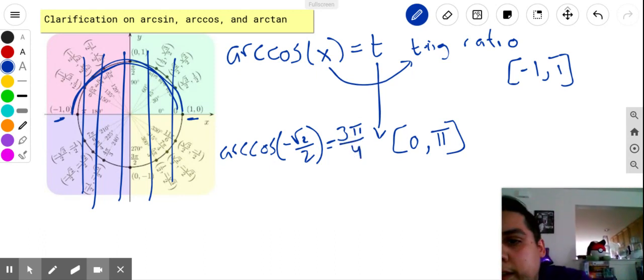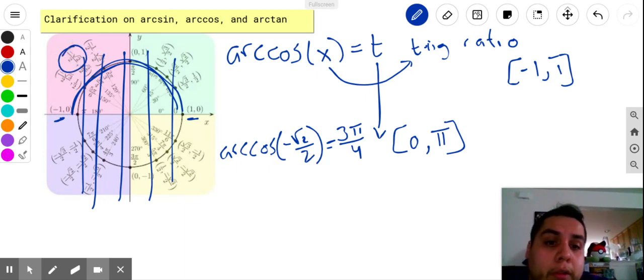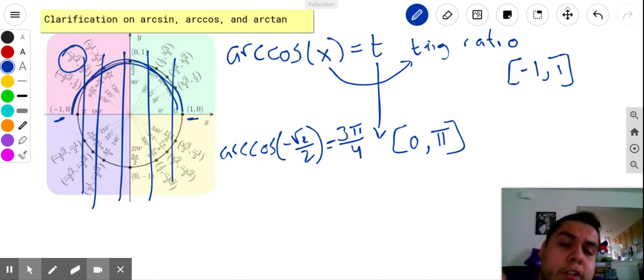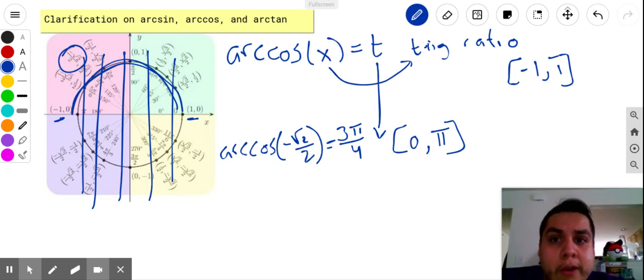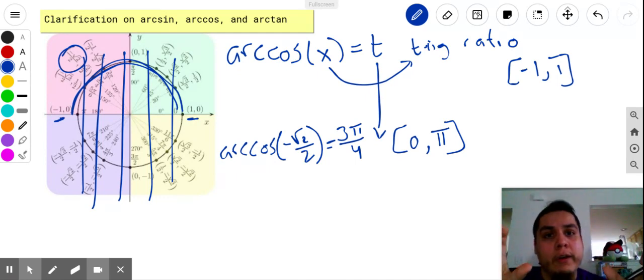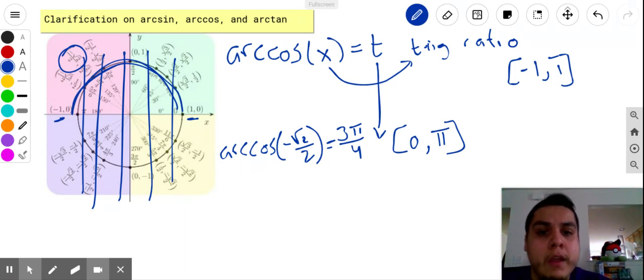Because it's that number right there that we're looking for. But I know that between 0 and 2 pi, there are two places where cosine will equal a negative radical 2 over 2. One's in the second quadrant, which the arc cosine provides, right? Arc cosine will give you a reference angle, an angle in the first or second quadrant, because that's where it's pulling its values from, and that's what I was trying to explain earlier.